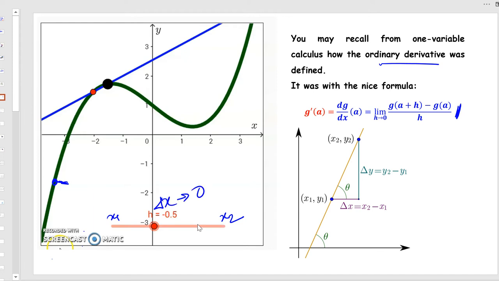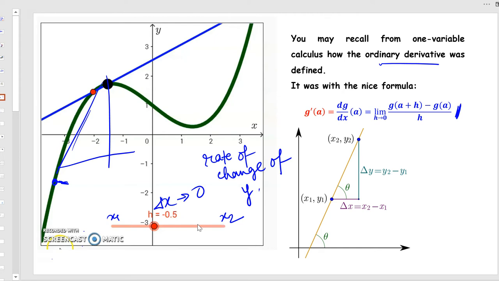As delta x goes to 0, then we try to calculate the rate of change. You remember the rate of change of y with respect to x. So this is the reason that we are allowing h to go to 0.